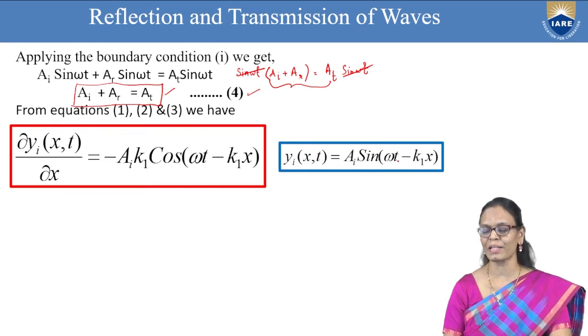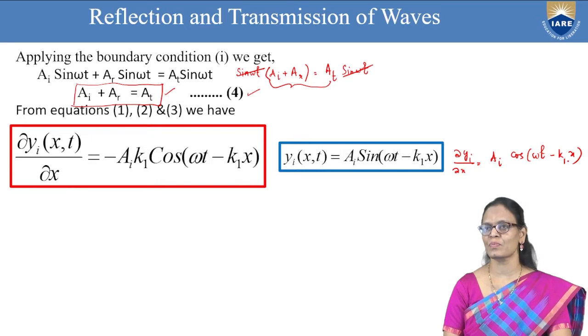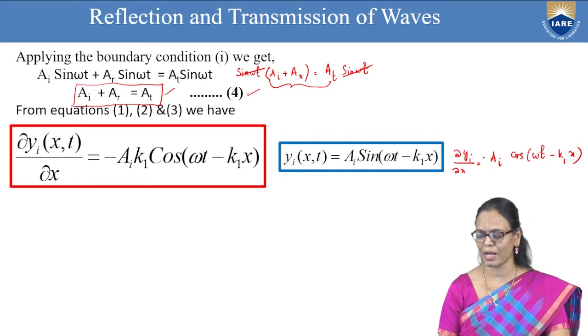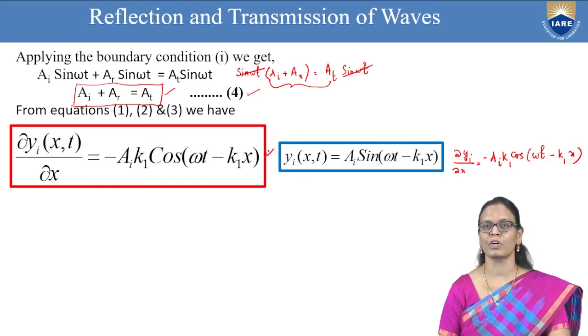For sin(ωt − k1x), ∂yi/∂x gives Ai, for sin we have cos(ωt − k1x), and for k1x we get minus k1. ωt remains constant here. So we get minus Ai k1 cos(ωt − k1x). That is what we have got.